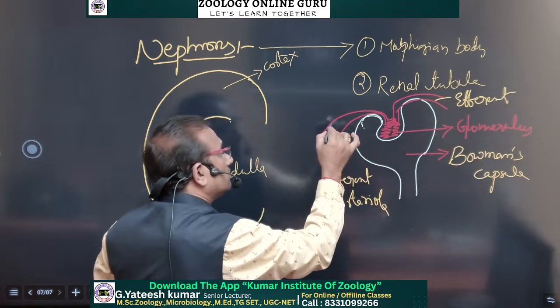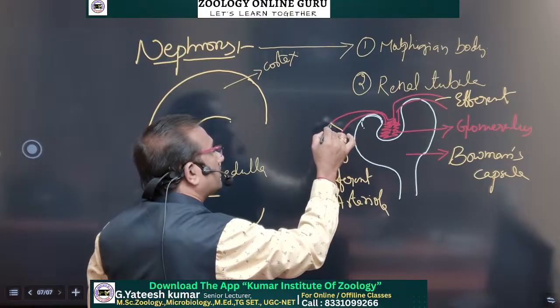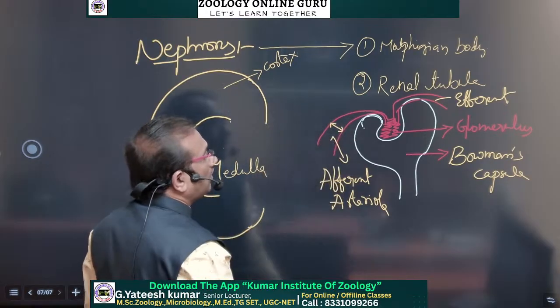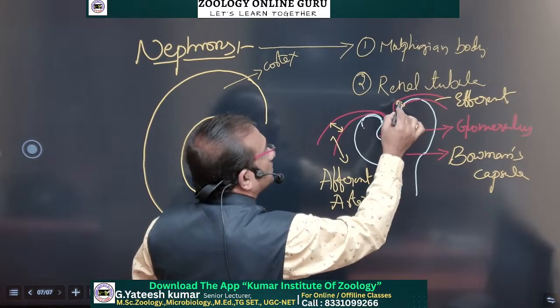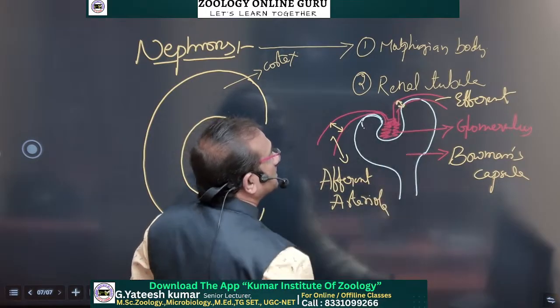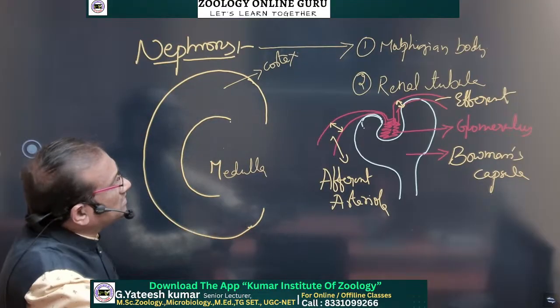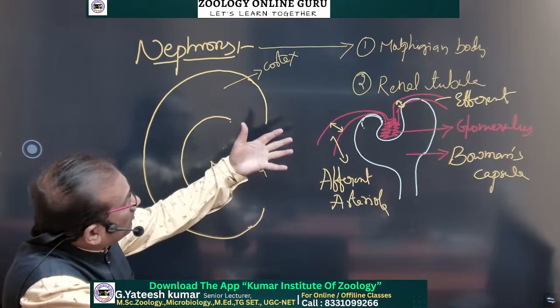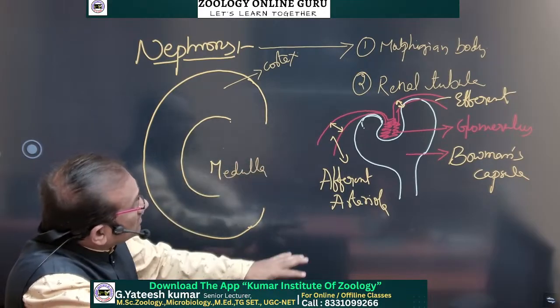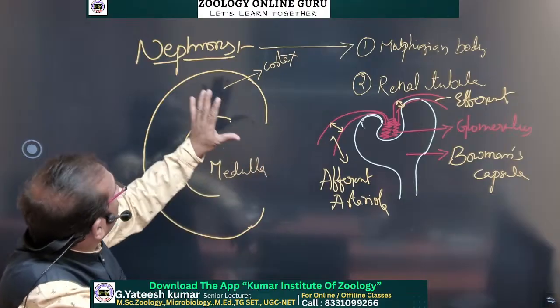Remember, the diameter of the afferent arteriole is slightly larger compared to the efferent arteriole. The lumen size of the efferent arteriole is somewhat less. We'll discuss why later, but now the structure of nephron.